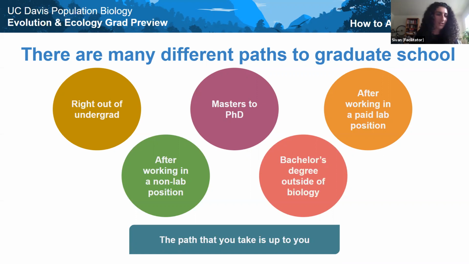Some people work in jobs that aren't in a lab or don't have to do with science. And there are some people who have bachelor's degrees outside of biology that move to the field of ecology and evolution later, though those people probably have to take more prerequisites and such. So the path that you take is totally up to you, and hopefully this session and future sessions will help you figure out what that's going to be.